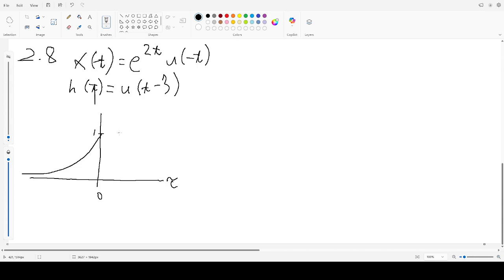Here is my x of tau. And h of t minus tau then? Here's tau, height of 1.